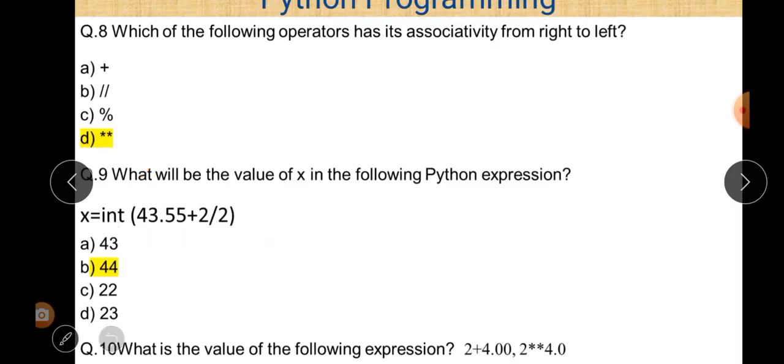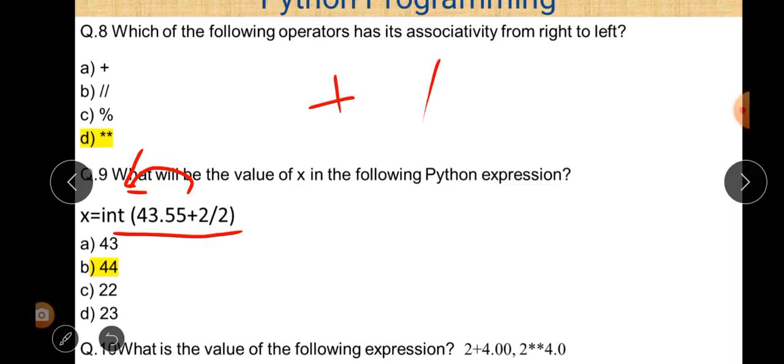So you can see on the screen that the question is x, and there is an assignment operator, and the value that is assigned is 43.55 plus 2 slash 2, and after that there is a type conversion into int, and whatever we get, that is our answer. Plus and slash, two operators are there. Obviously, the division operator has higher priority as compared to plus.